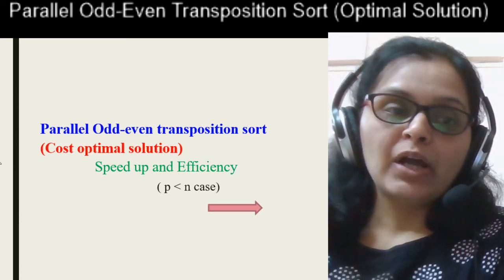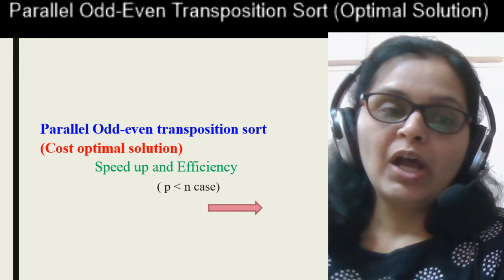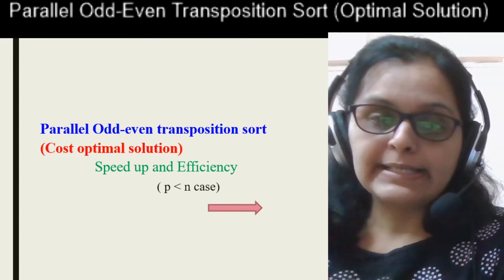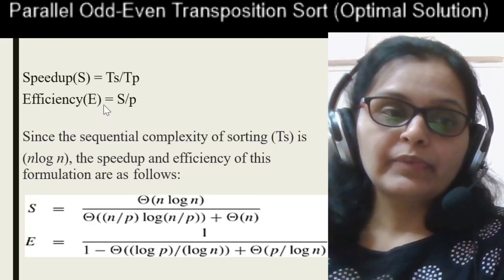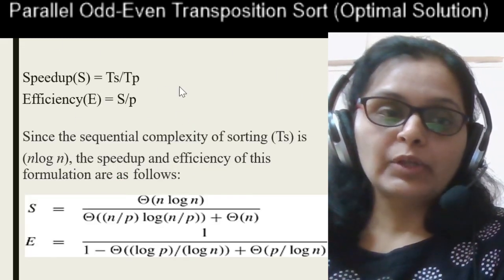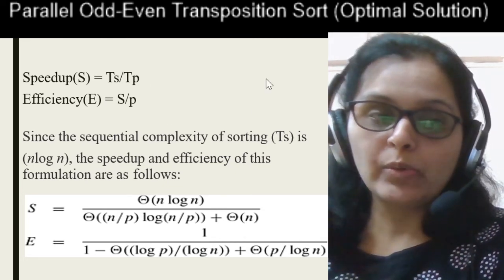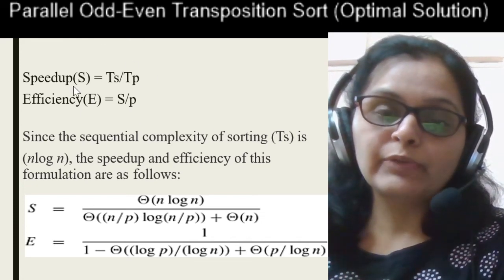Next, we will see some more performance metrics, that is speed up and efficiency. For this case, p is less than n. You should know these formulae; they are covered in the HPC theory course. Again I have written here the formulas for your reference.